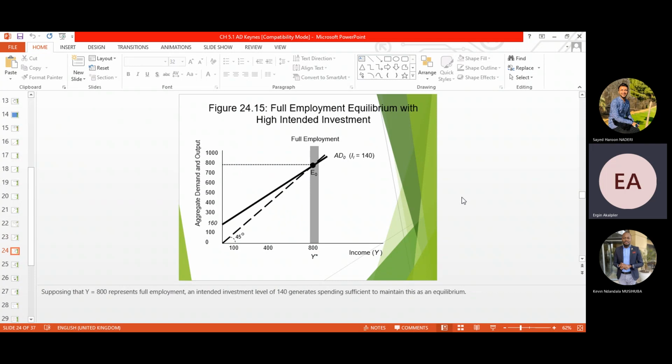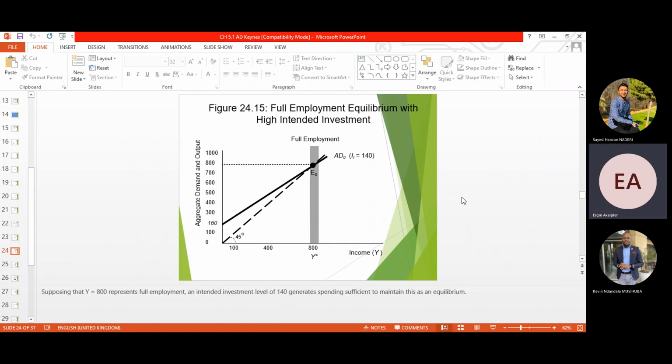And when we come to the full employment equilibrium with high intended investment, as you are observing here, now full employment is realized, where the income, the aggregate demand and so-called output are adjusted and intersect each other. At that level, we suppose the full employment equilibrium is observed.